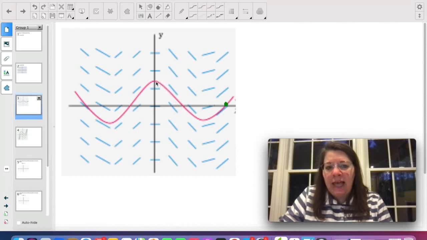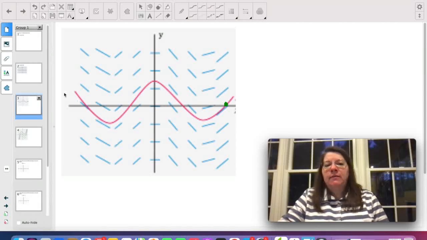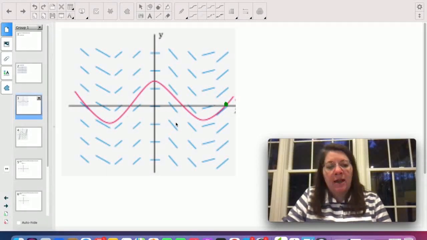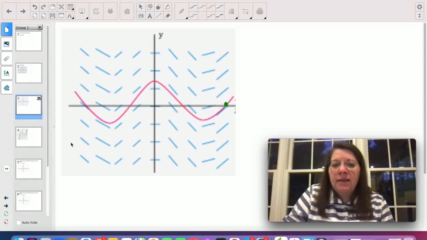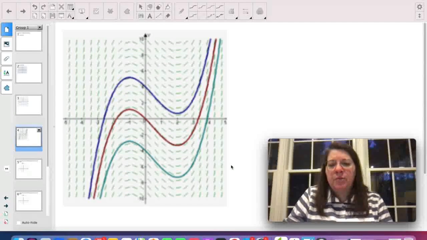They've made this line match the slopes within the ordered pairs of the slope field, so that we can kind of see how gradually this slope increases and decreases. We can see where horizontal tangent lines may have been, or vertical tangent lines may have been, or maybe where the function is undefined.